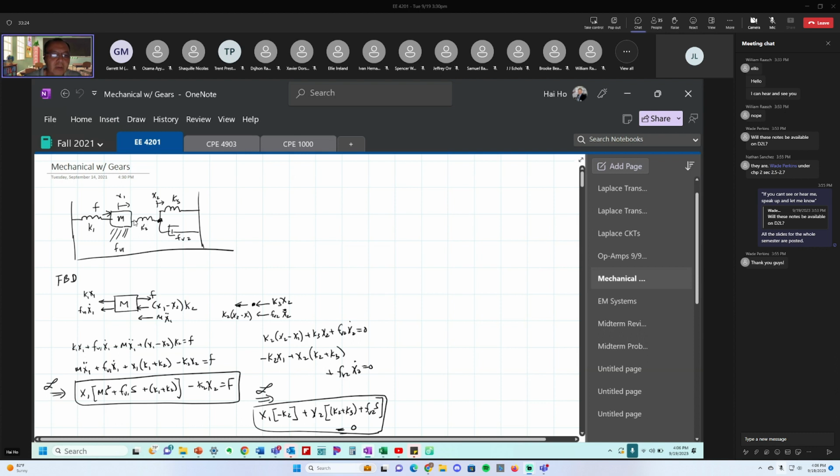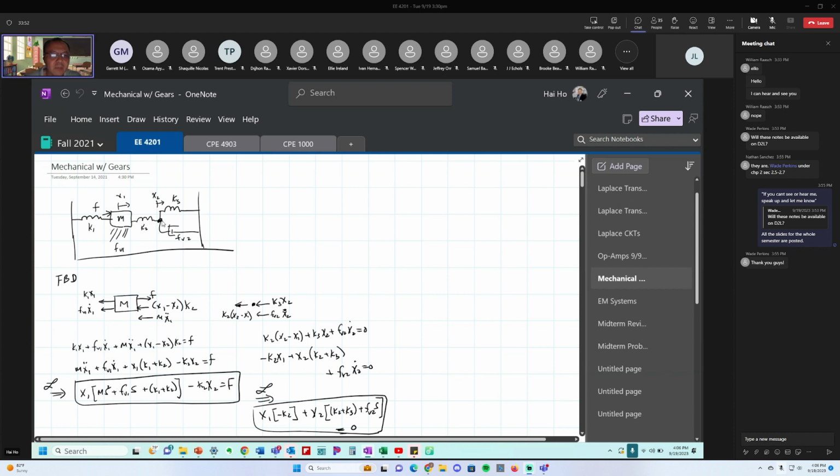Now, what is the force acting on this mass caused by this spring constant? This one here is a little bit tricky. You've got to think through it a little bit. Again, you can imagine that if this point moves further than this point, which means that the spring is going to be stretched toward the right.